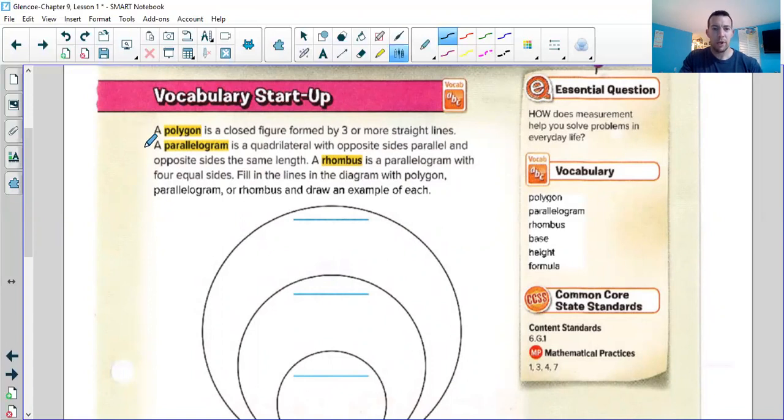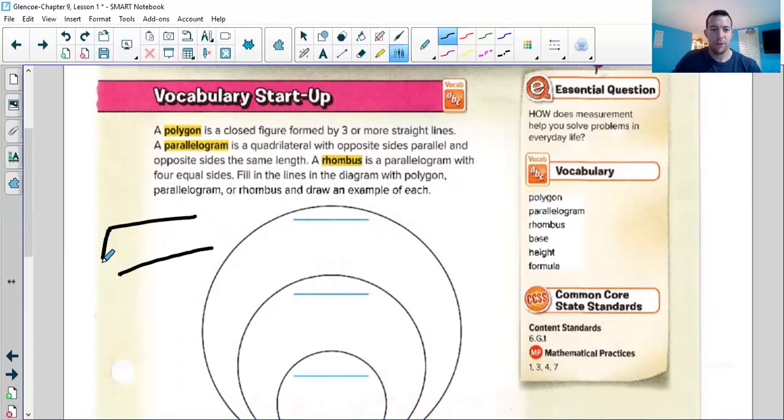A parallelogram is a quadrilateral with opposite sides parallel and opposite sides the same length. So let me try my drawing here. Parallelogram, opposite sides. Opposite sides parallel means these are opposite. They're across from each other. So they are parallel. And then our other opposite sides would be right here.